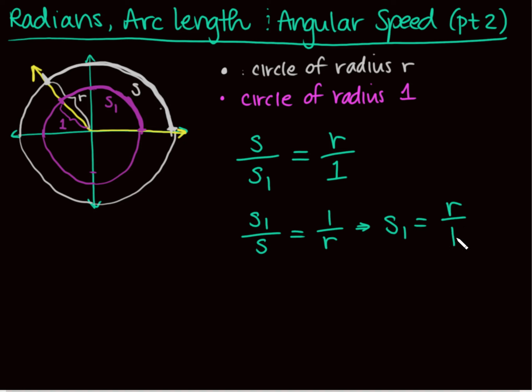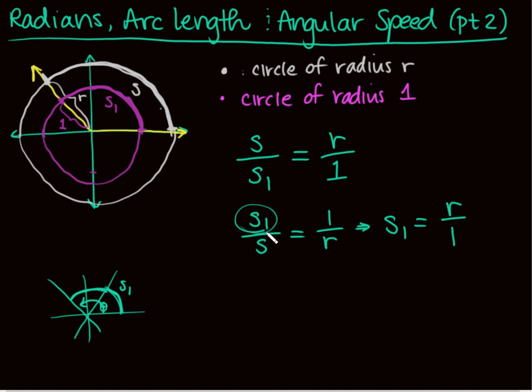Okay, and then what we know about s sub 1, remember what a radian was. 1 radian was the angle I would need to travel exactly 1 distance on the circle. So if I travel s sub 1 distance on the circle, then that just means that my radian is that measure.